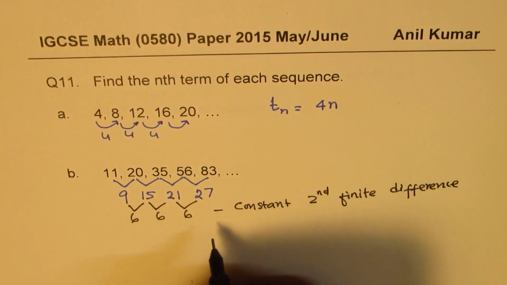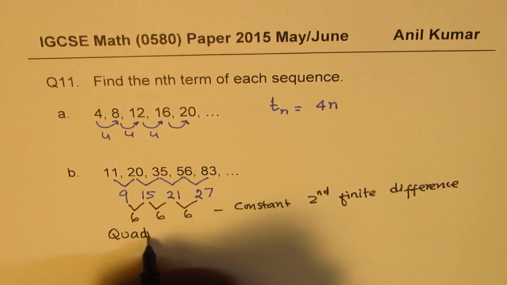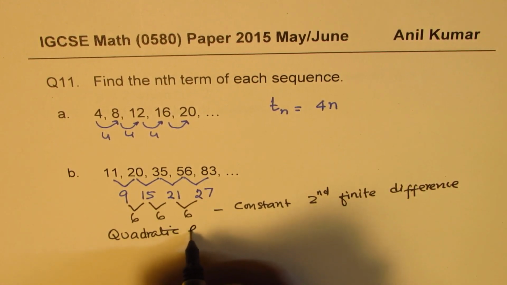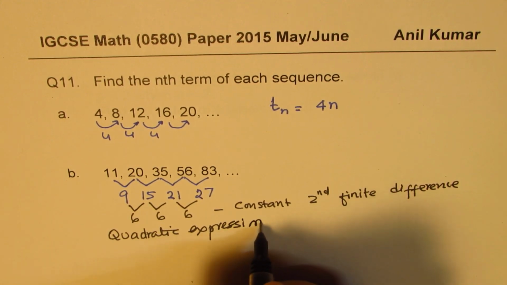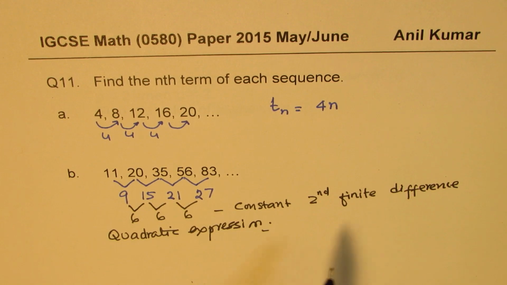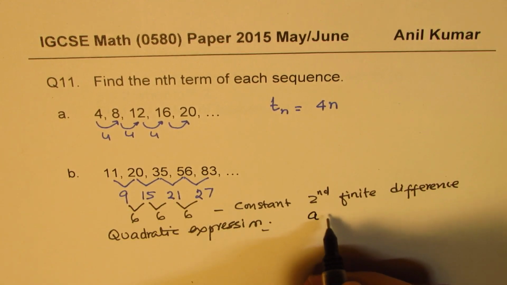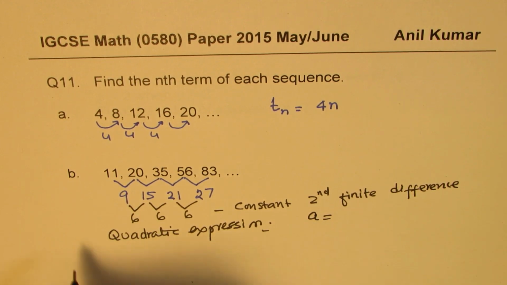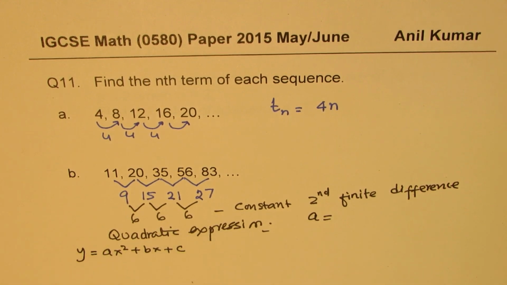That means we are expecting a quadratic expression. Now, if the second finite difference is constant, then the value of a will be what? I mean, we have to write in the form of ax squared plus bx plus c, right? So that is what we are expecting.